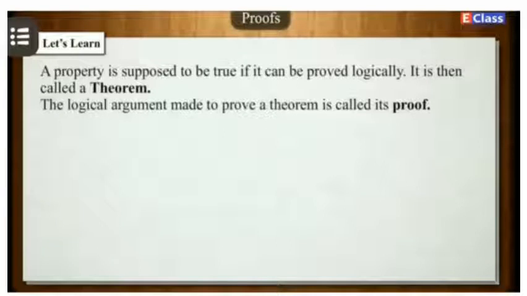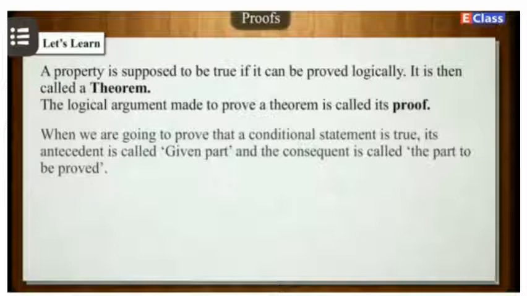It is then called a theorem. The logical argument made to prove a theorem is called its proof. When we are going to prove that a conditional statement is true, its antecedent is called the given part, and the consequent is called the part to be proved.